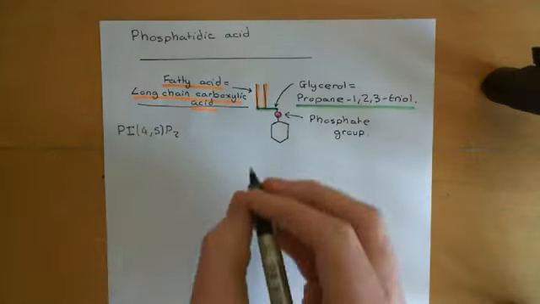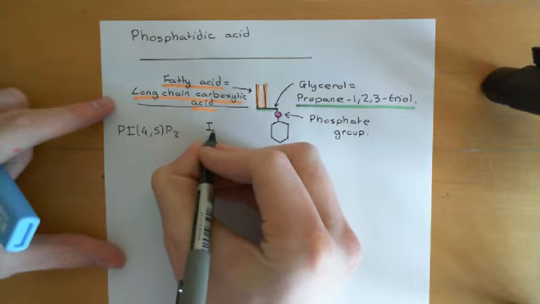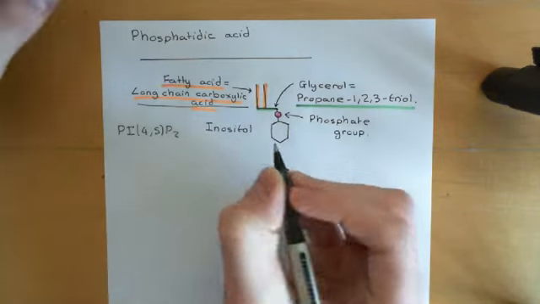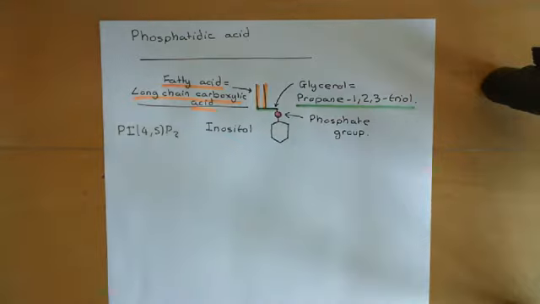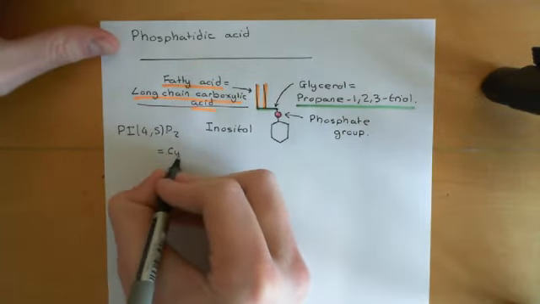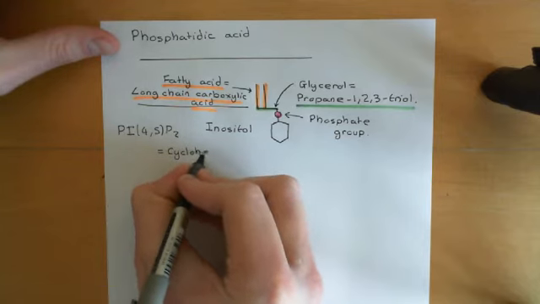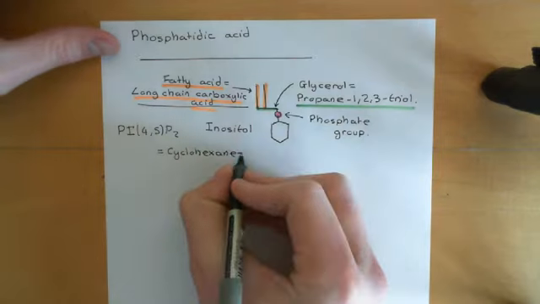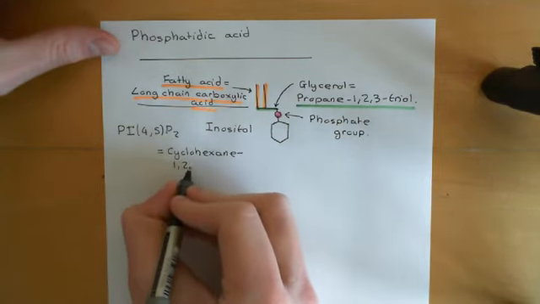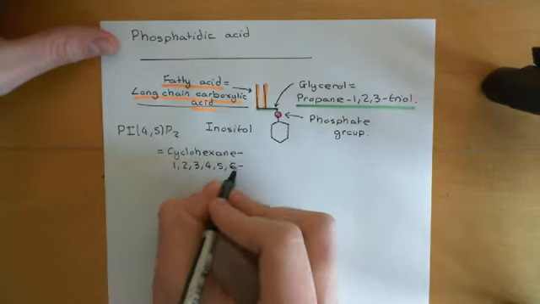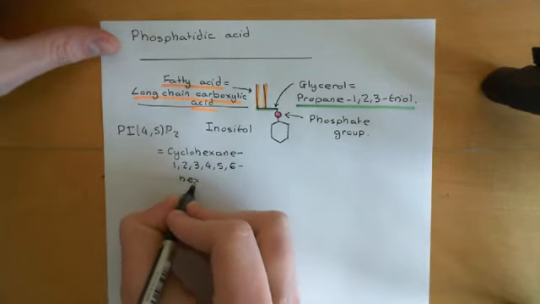Now, inositol rings are 6-carbon rings with alcohol groups coming off all of the 6 carbons. So the proper name for inositol is cyclohexane. So a cycle of 6 carbons, and then it's cyclohexane-1,2,3,4,5,6-hexol.